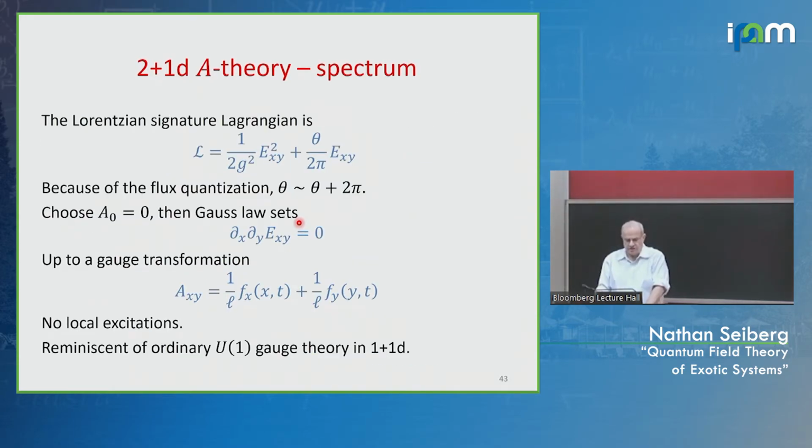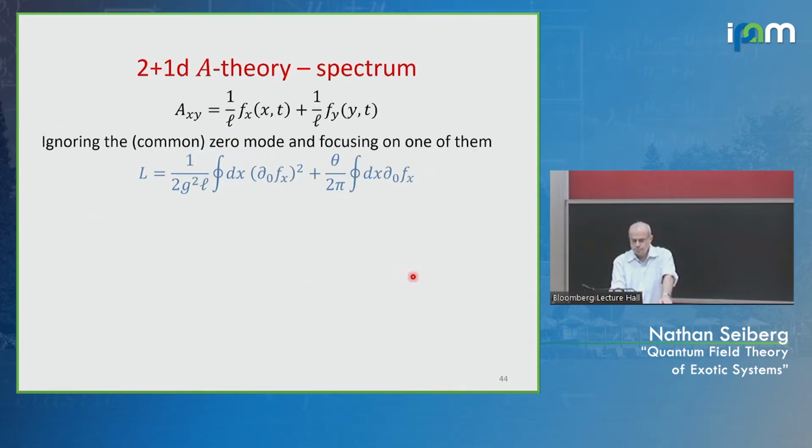This is the Lorentzian Lagrangian, and we discussed this term, the theta term, and we can choose a gauge. This is the standard way of quantizing the gauge theory. We choose the temporal gauge, A0 equals 0, and then we have Gauss' law, ∂x∂y of E equals 0, and then we can solve for A_xy: it's an arbitrary function of x plus an arbitrary function of y, and therefore there are no local excitations.